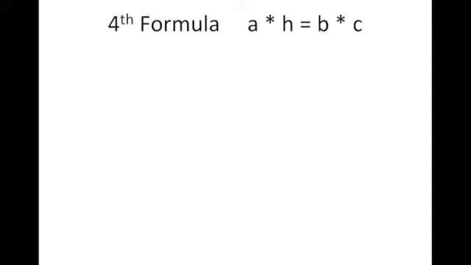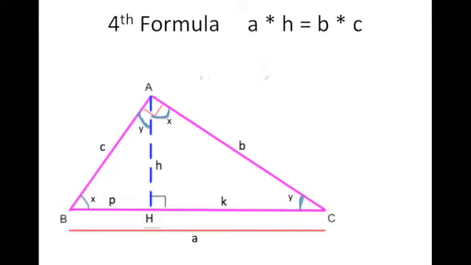And lastly, for the fourth formula, we are going to explain it using the similarity between triangles ABC and HAC. We are going to focus on the ratios of the hypotenuses and the sides across angles X for this formula. If we write the ratios of the sides, it becomes AB divided by HA is equal to BC divided by AC.